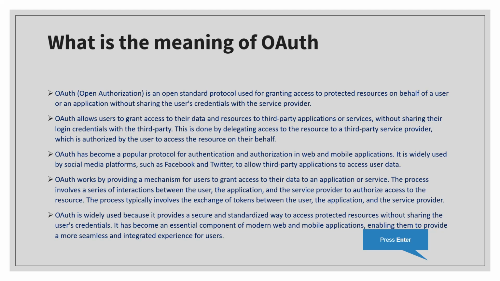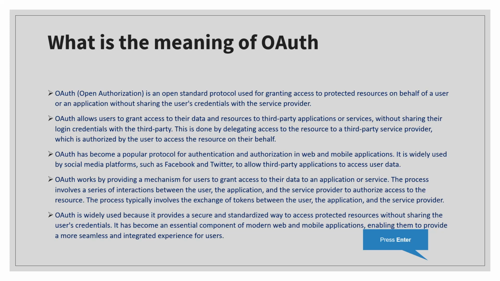Fourth point, OAuth works by providing a mechanism for a user to grant access to their data to an application or service. The process involves a series of interactions between the user, the application, and the service provider to authorize access to the resource. The process typically involves the exchange of tokens between the user, the application, and the service provider.